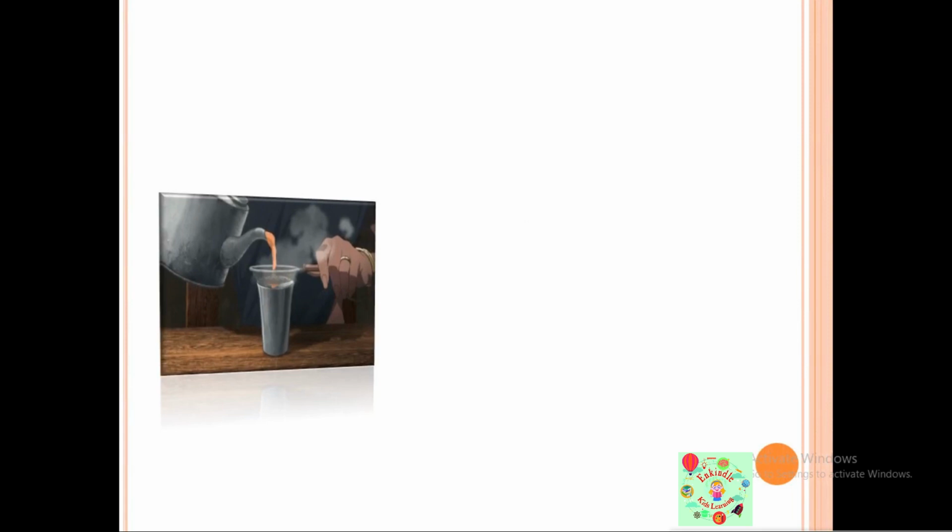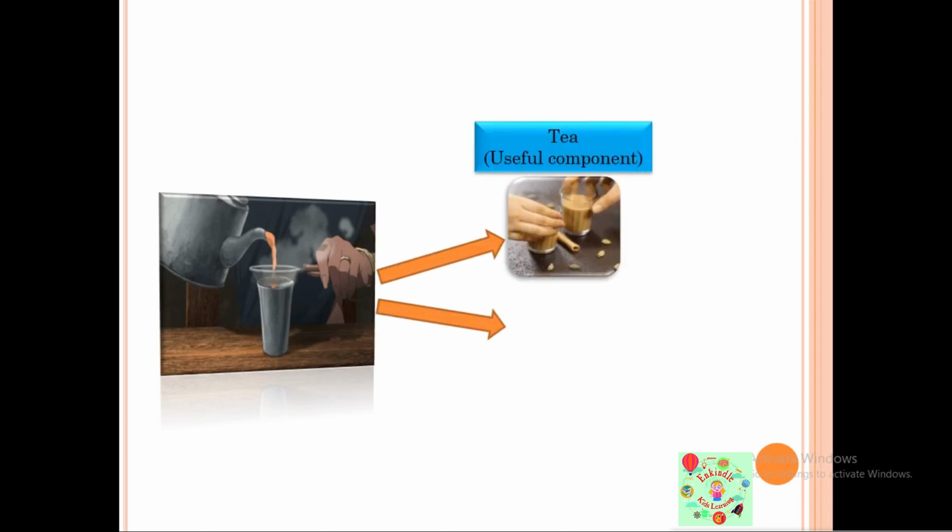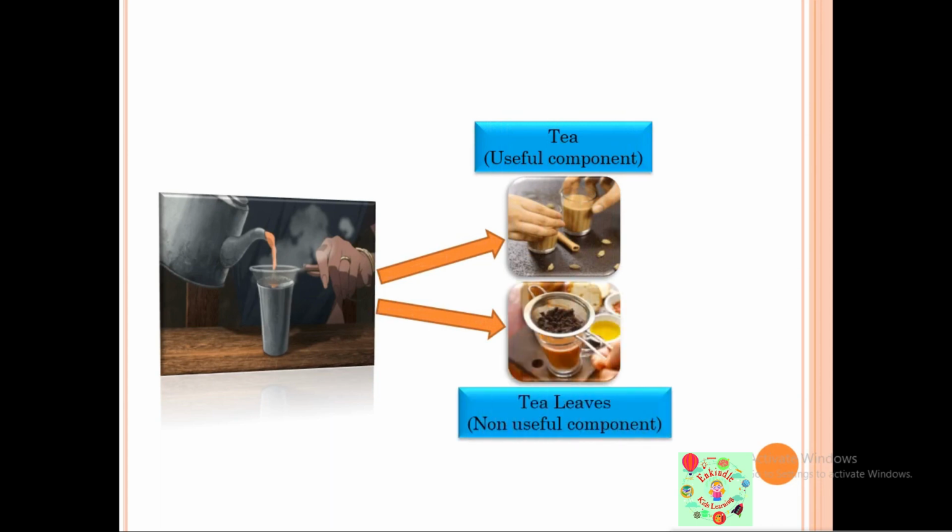Every morning when your mother makes tea, she uses a strainer before pouring the tea into the cup. You almost every day see this. Why is your mother doing this? Because she is separating the tea liquid from the tea leaves.